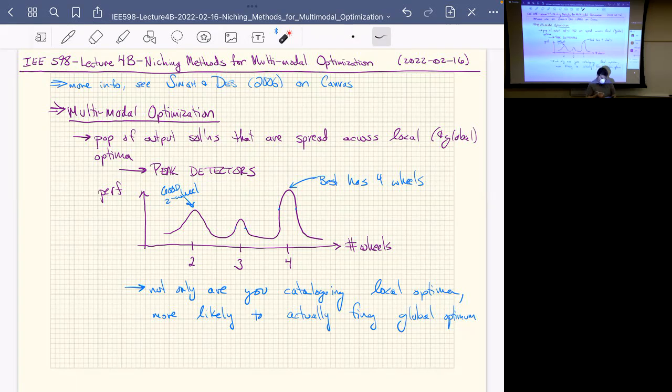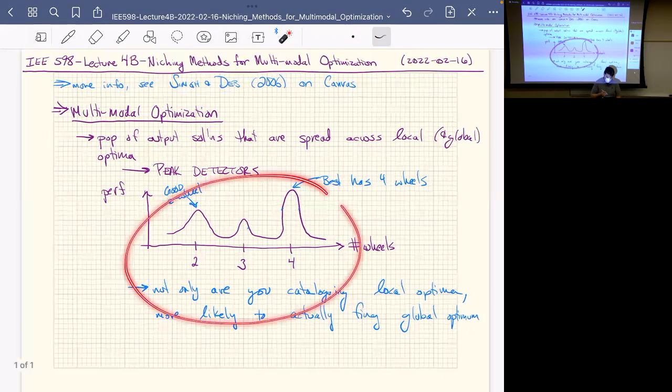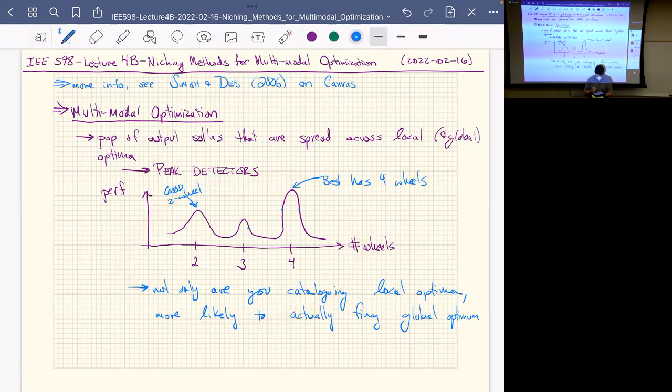So these multimodal optimizations should also allow for niches of local optimization. So you can have, for example, restricted crossover.